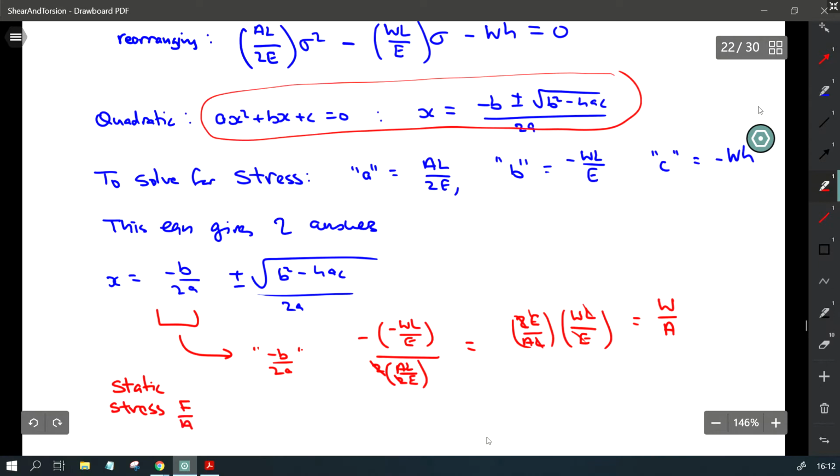Okay, so that part is a static stress, and the other part is the dynamic part of the stress.